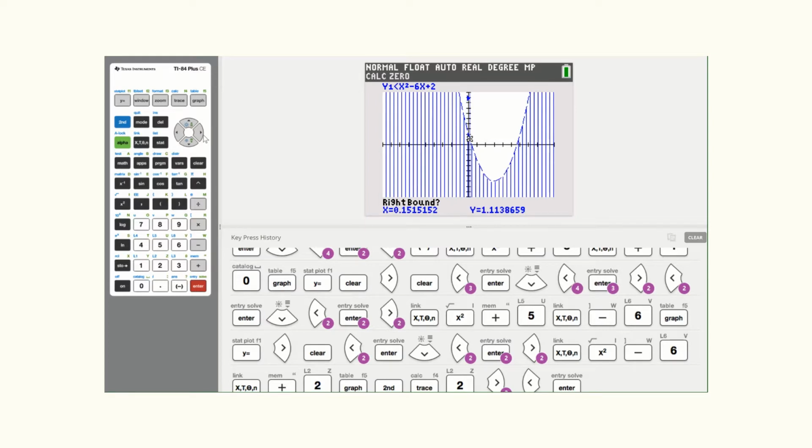And now I'm going to move it to where it's just below the x-axis. That looks pretty good, and I'm going to hit enter. Guess, yes. And it says that when y is 0, x is equal to 0.3542487. And so part of my solution, let's round that to the nearest hundredth, is that x must be less than 0.35.